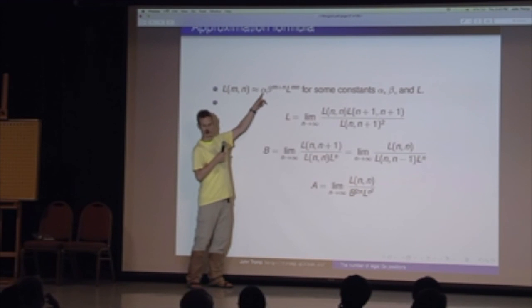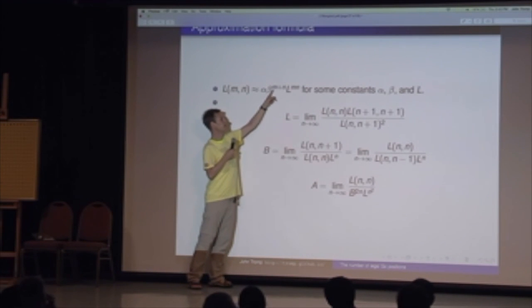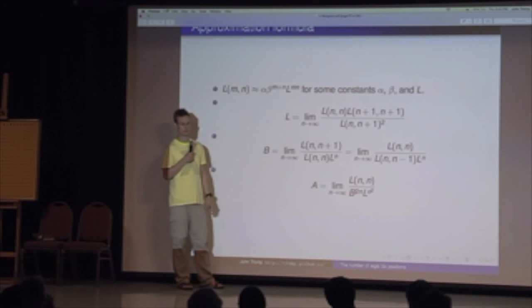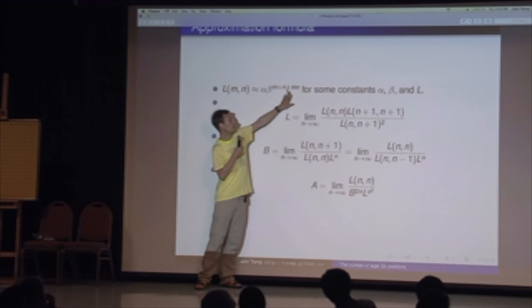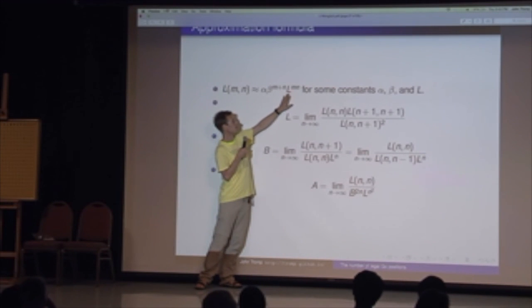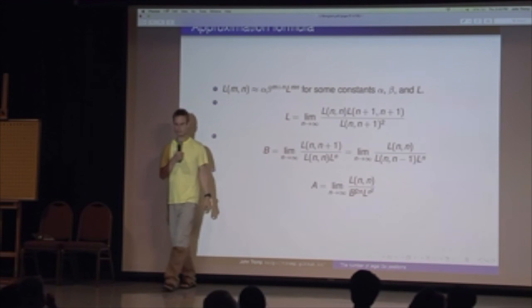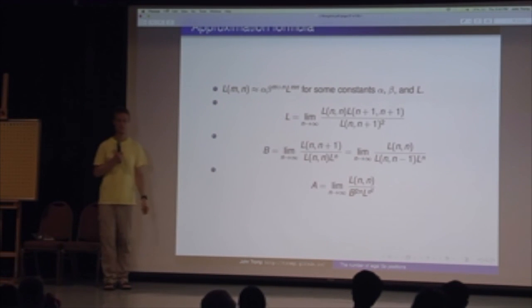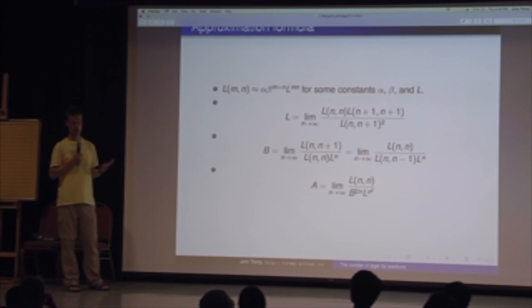So there's one normalizing constant in front, and there's some constant to the power of m plus n that more or less accounts for the effects along the border. The most important term is this, because it's to the power of m times n. So this is the big number. This is 361. And L is what I call the base of liberties. So if you ignore legality, then your number of positions grows just as 3 to the n squared.